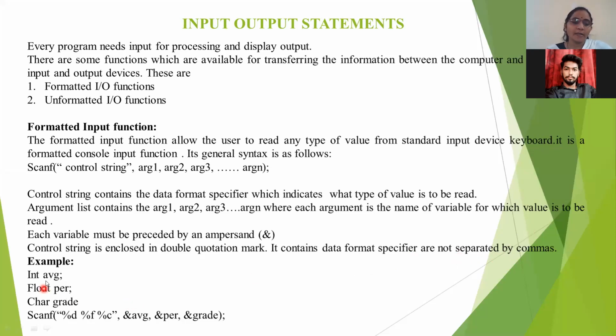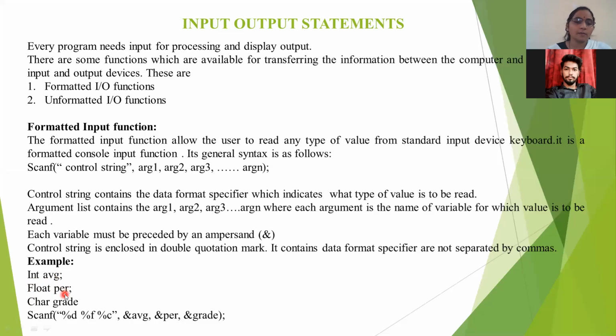In the following example, you see int avg, i, f, and c. All these three letters are small letters; they appear capitalized only because they are treated as the first letter of a sentence. Remember that i, f, and c are small case letters. Int avg means I have taken one variable AVG of the data type integer.